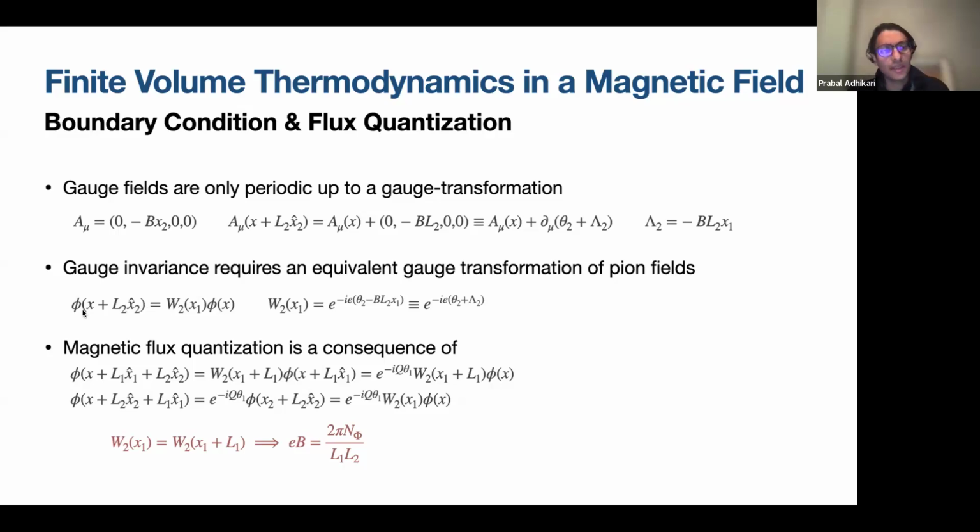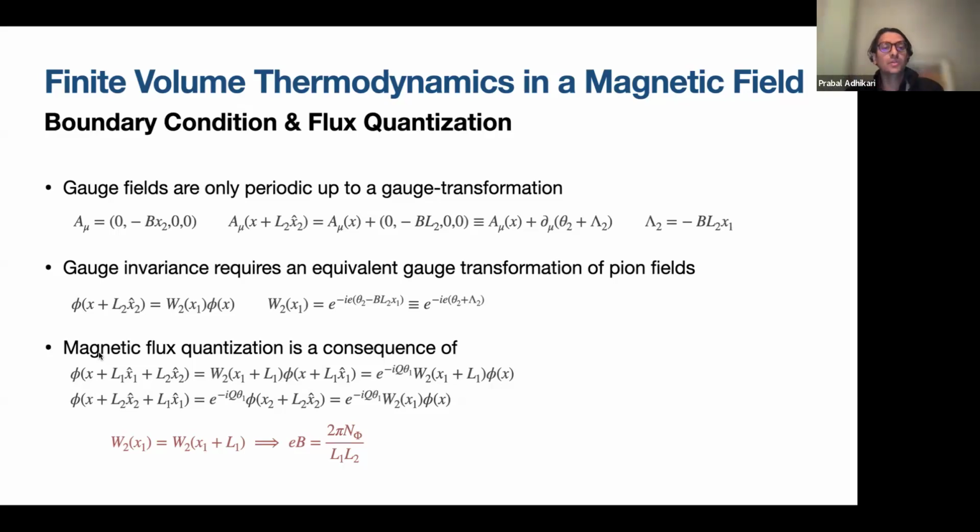So what I've shown you here is how the pion field transforms as one loops around a box. So there's a Wilson line W2, which depends on coordinate x1. So now what I want to do is I want to go around the box, either going in the first direction first and then the second direction second, or vice versa, right?